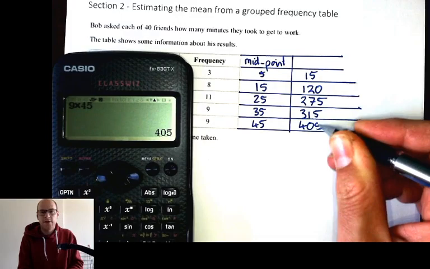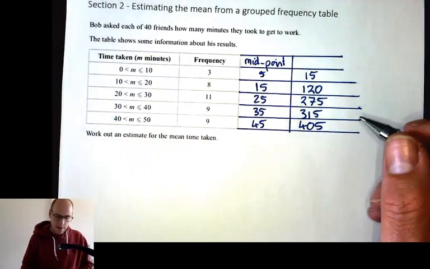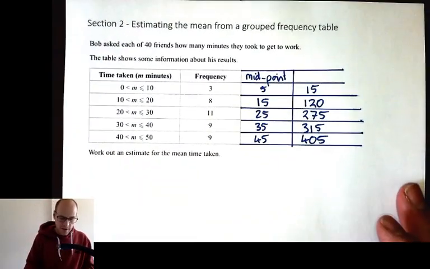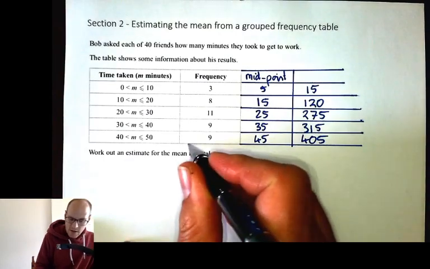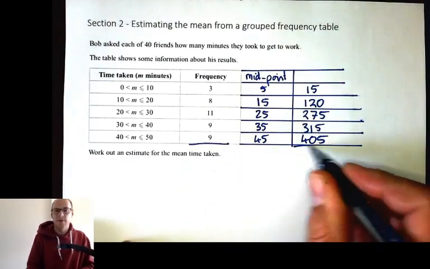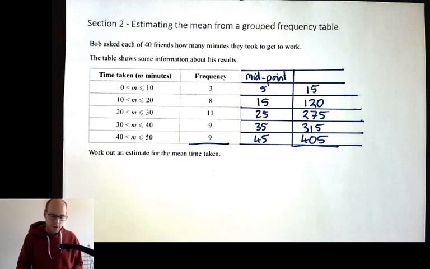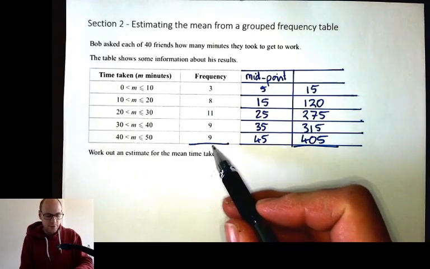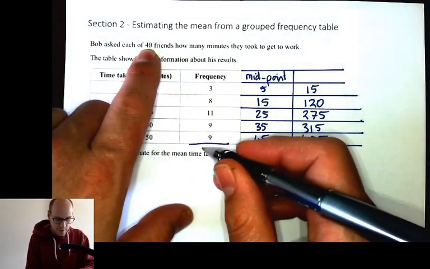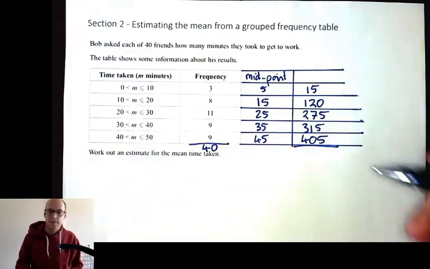Okay, so you now need to remember what we did at the end of a normal frequency table to find the mean. We added up the frequency, and we also added up this column here where we've done multiplying. I don't actually need to add that up because it says in the question that there are 40 friends, but I definitely do need to add that up.